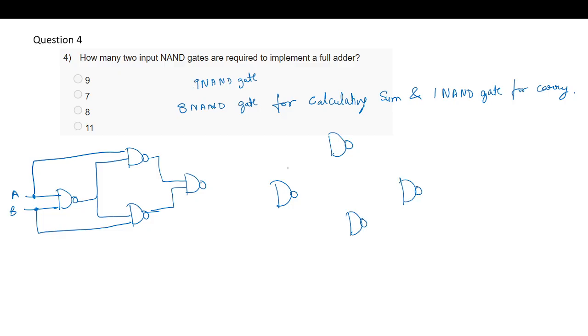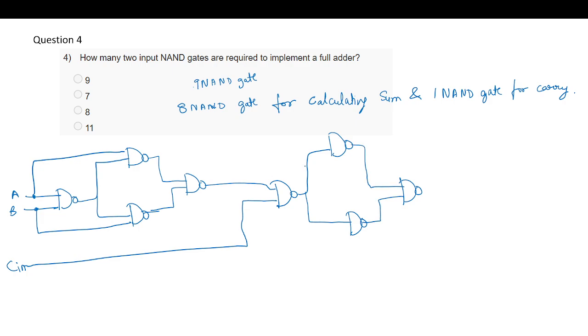Same circuit. This is the input, and we need Cn. This will be the input to this. This gives the sum.